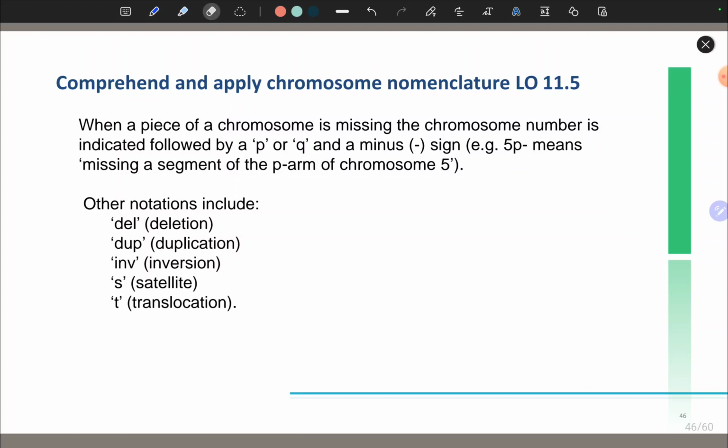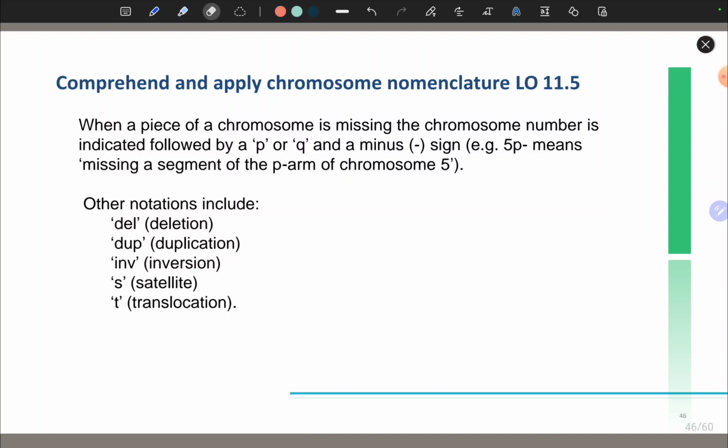Or sometimes we can write something like this: deletion, duplication, inversion, satellite, translocation. Now, don't expect yourself to understand all the terms here. I myself graduated more than 30 years ago and am still reading about them.